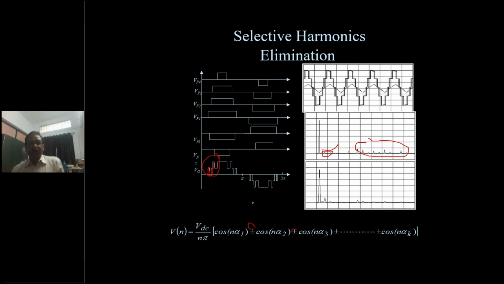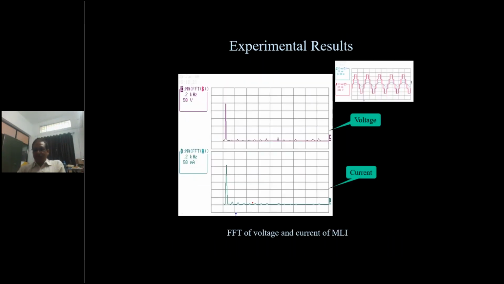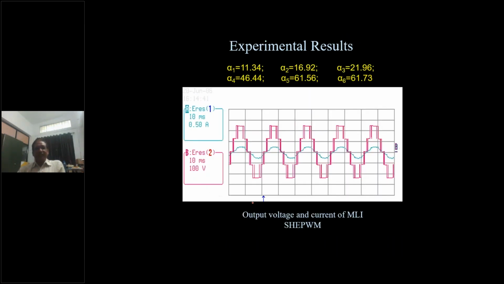What is the reason? That calculation of alpha is not exactly correct. If you calculate alpha equated equal to 0 for a particular harmonic, that harmonic will be 0. Here angles are given. These are the approximate angles.